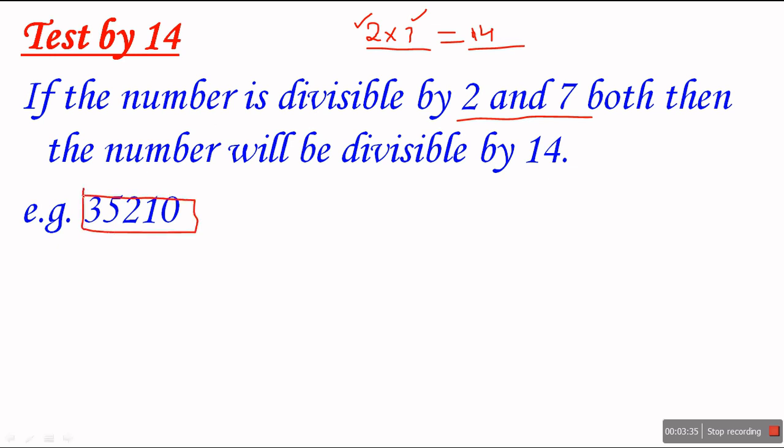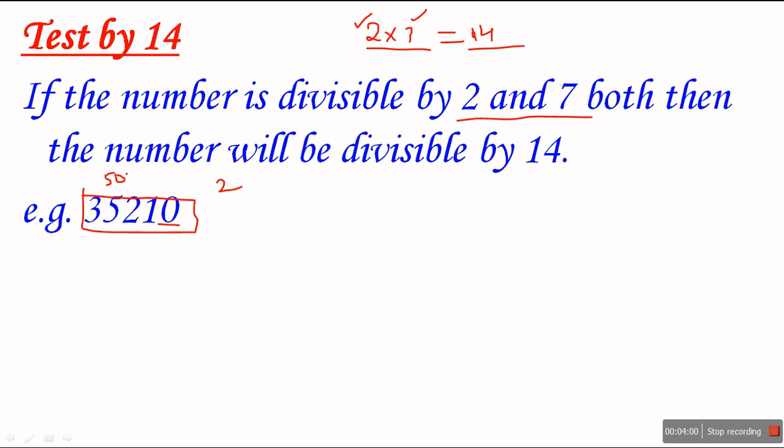It is very clear that this number is divisible by 2 because for testing divisibility by 2, we see that at the unit place it should be 0, 2, 4, 6, 8, means this number is divisible by 2. Now check whether it is divisible by 7 or not. 7 fives are 35. We took 2, not divided. Take 1, 27.